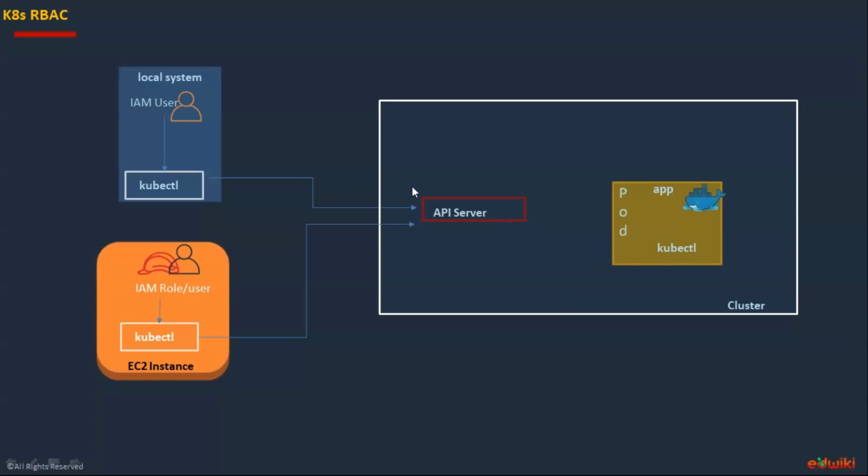So there's a slight difference, right? The kubectl that is running outside of Kubernetes versus the kubectl that is running inside Kubernetes, correct? When I say the kubectl is running inside the pod, at a high level, I can say it is running inside Kubernetes itself, correct?